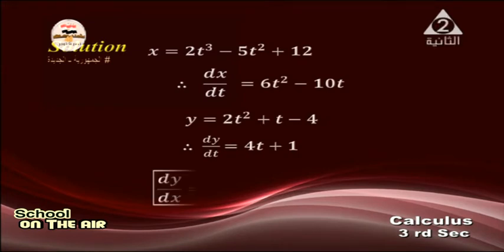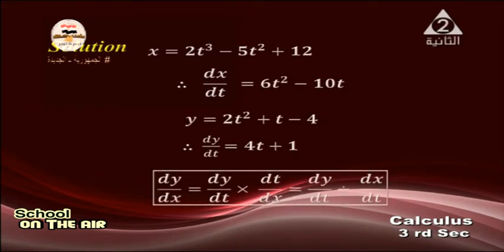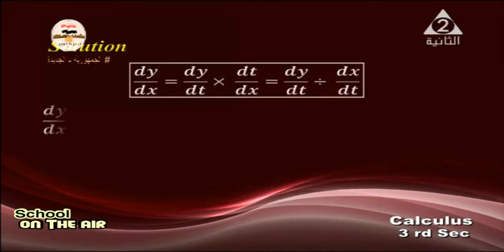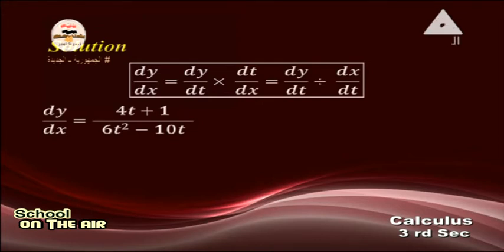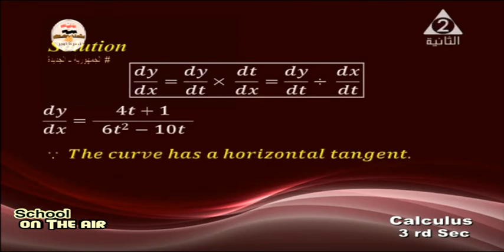dy/dx equals dy/dt times dt/dx, or equals dy/dt divided by dx/dt. Then dy/dx equals 4t plus 1 over 6t^2 minus 10t. The first requirement: the curve has a horizontal tangent.